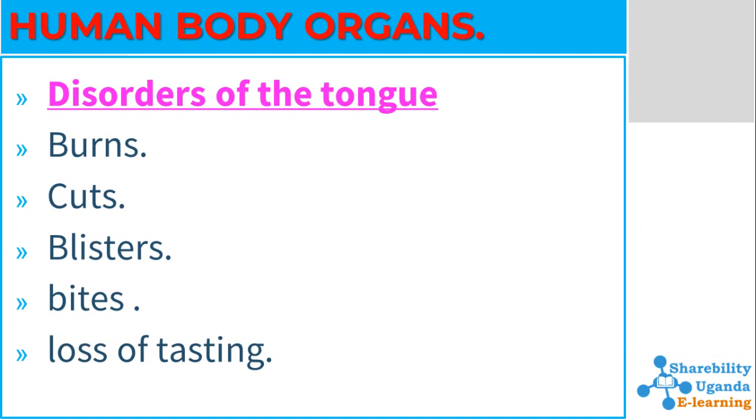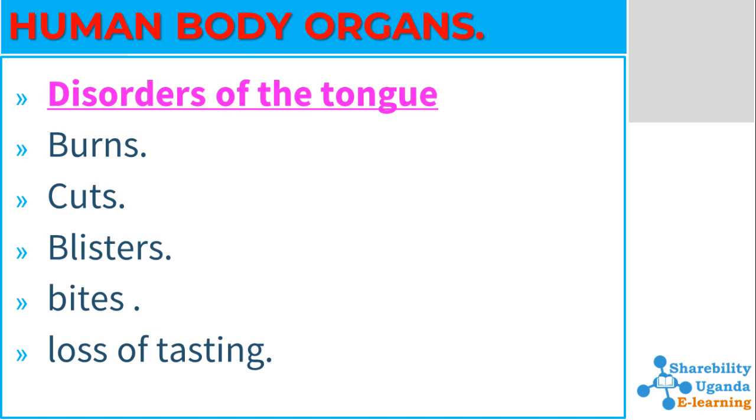Disorders of the tongue include burns, cuts, blisters, bites, and loss of tasting. If you have a failure in tasting, differentiating tastes of different foods, it is a disorder of the tongue. Burns, like drinking hot water.